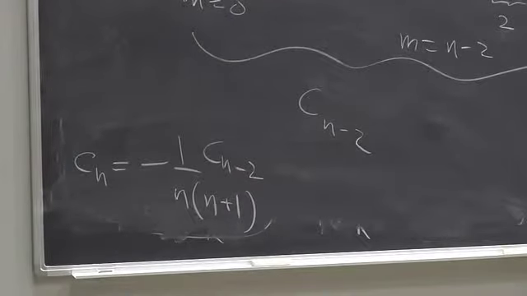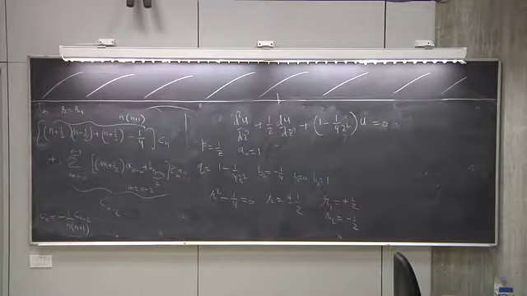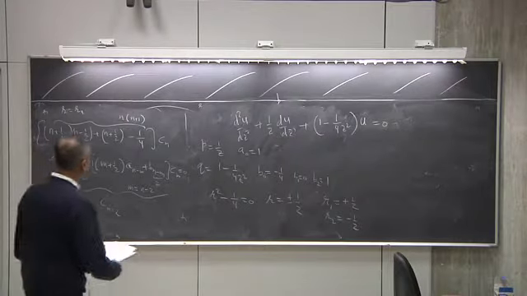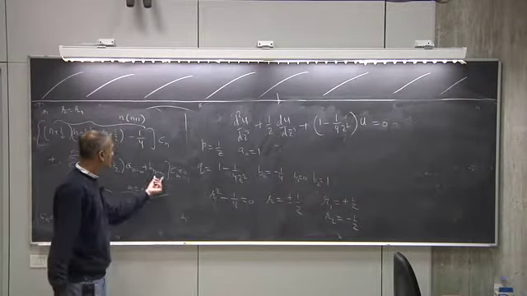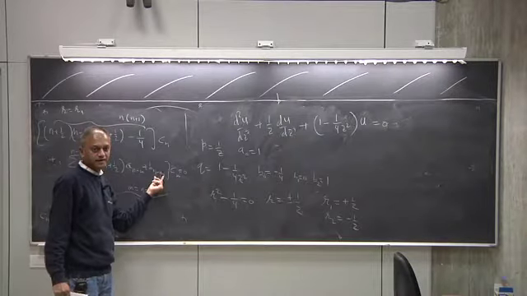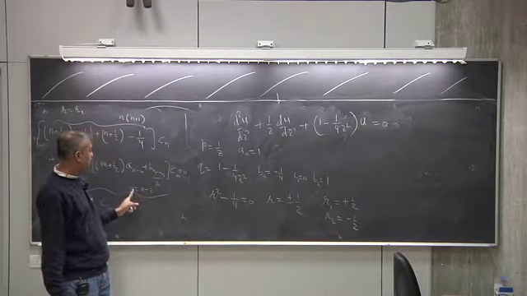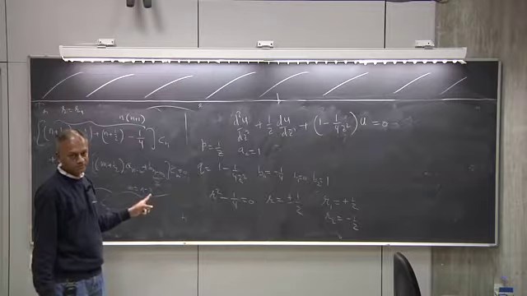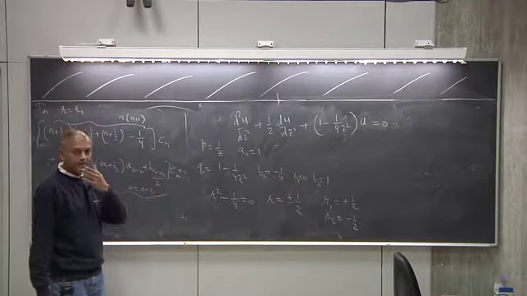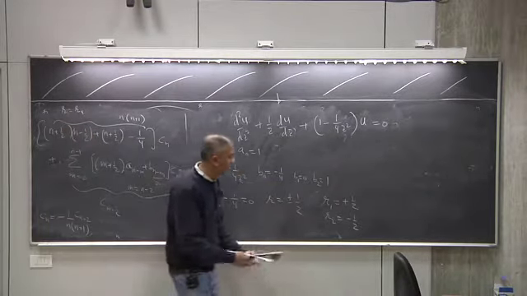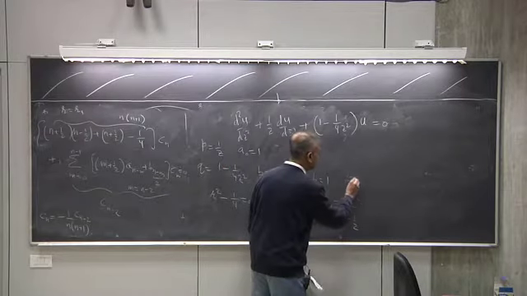M equal to n minus 2. Yeah, because we said n minus m should be equal to 2, right? But that means m is equal to n minus 2. Because that's the only term which is non-zero. Everything else is 0. So b3, b4, everything is 0.